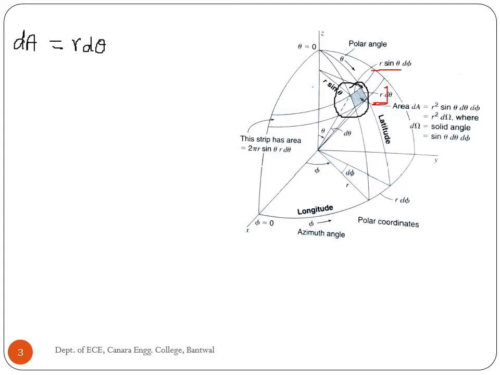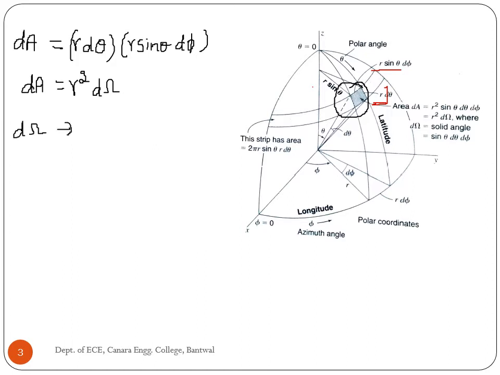Thus, dA is equal to r d theta times r sin theta d phi, which is equal to r square into d omega, where d omega is solid angle expressed in steradians or square degrees.